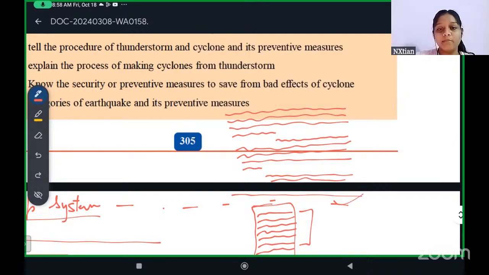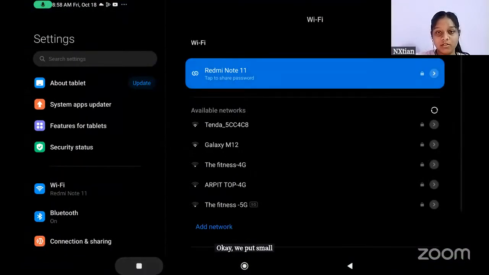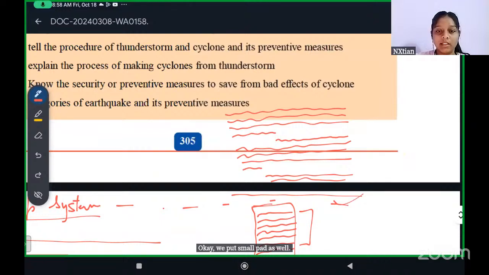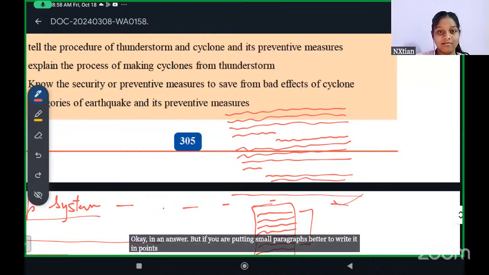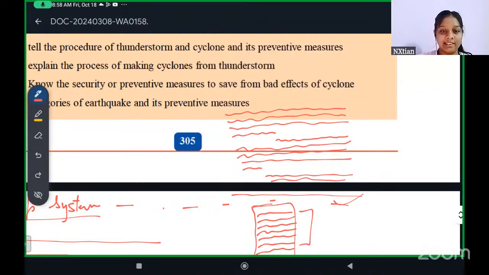So that is paragraph writing. We put small paragraphs in an answer. But if you're putting small paragraphs, better to write it in points. Like that.